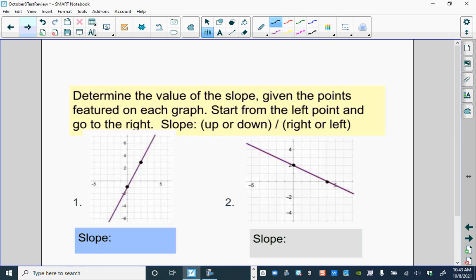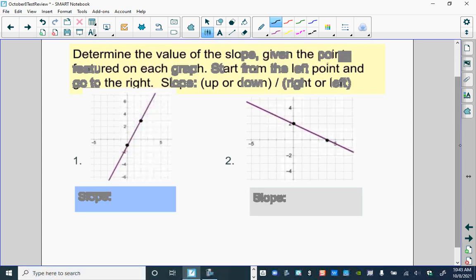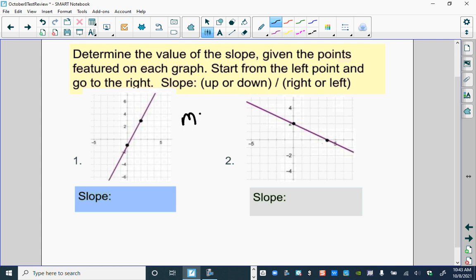With this next slide, load one is slope. Now be careful. Just the slope. This is more what we've been doing earlier this week. So the slope, of course, slope M: up or down, then left or right.